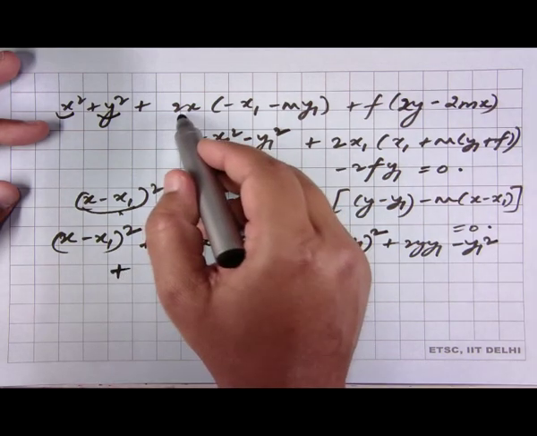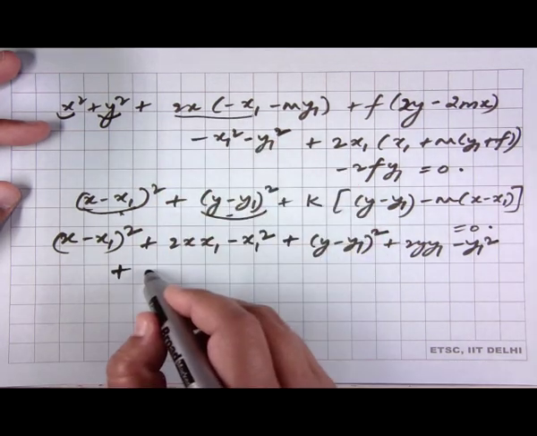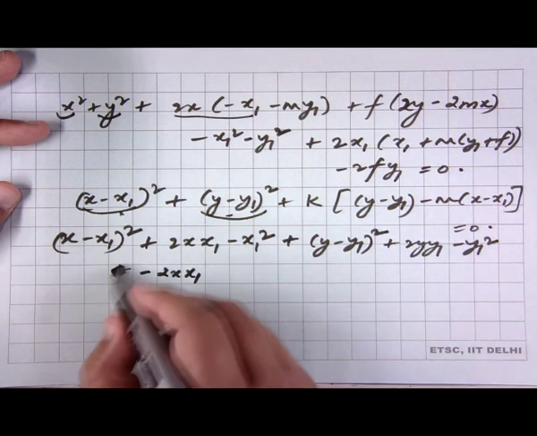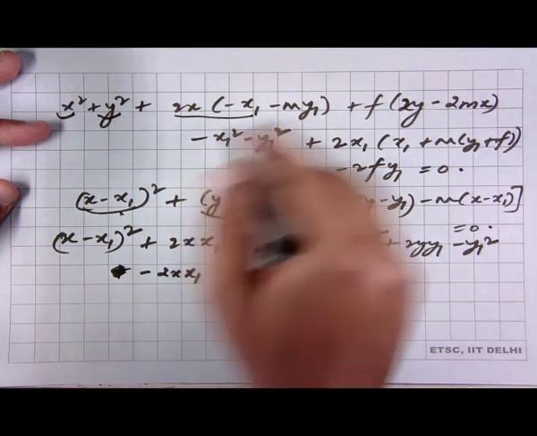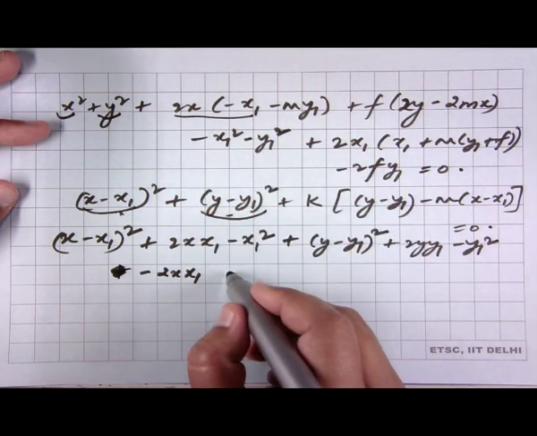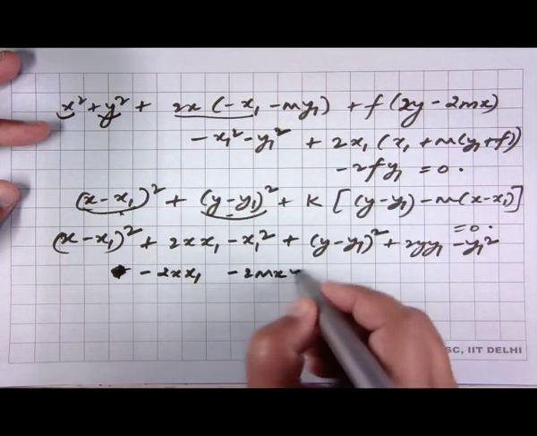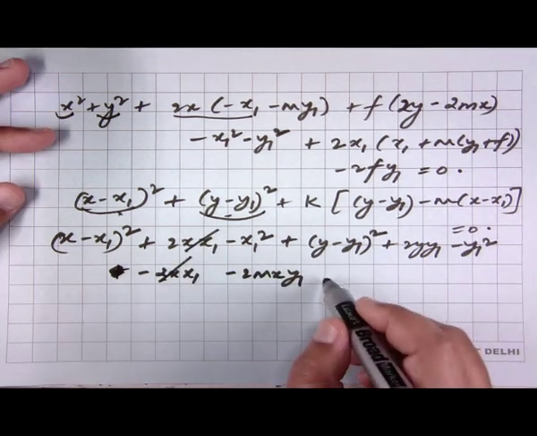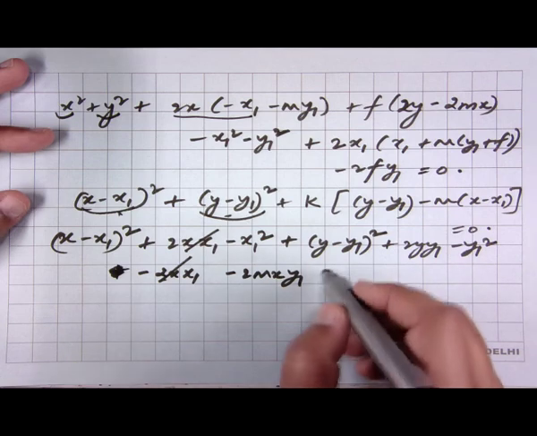So, this term here is minus 2x x1, the next term is minus 2 m x y1. So, this and this will get cancelled.